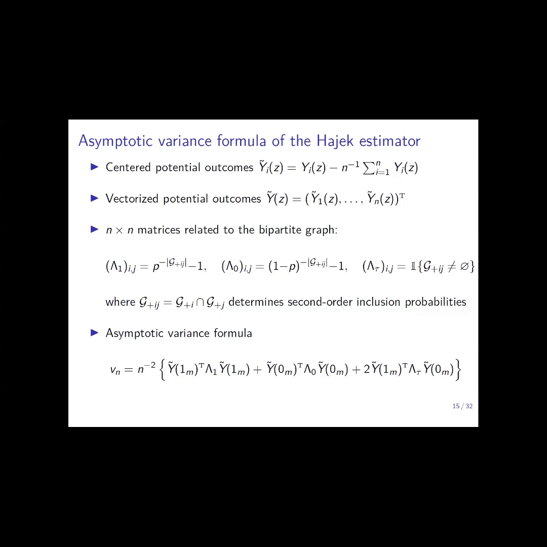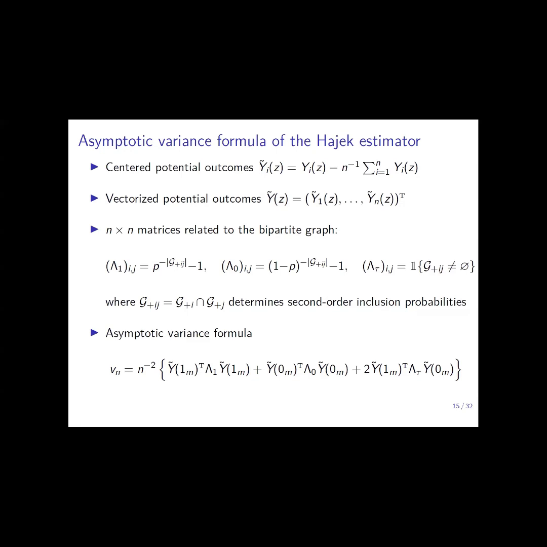We define the centered potential outcome. We center each individual potential outcome by the average, and we vectorize the potential outcomes as the vector of all units' potential outcomes. We also define n by n matrices depending on the bipartite graph. It's n by n because it depends on the units. This is the notation.